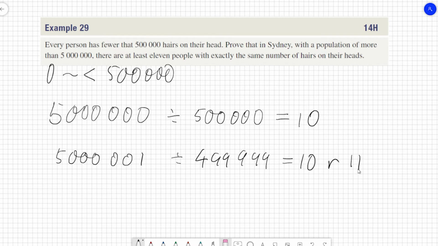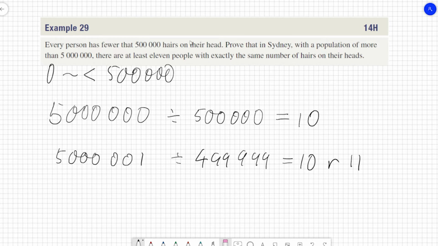Once again, it guarantees that at least 10 people will have the same number of strands of hair, and then there will be 11 more hangers-on that will bring the number to 11 at least. Of course, it may not distribute this way.